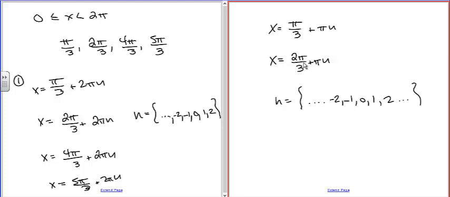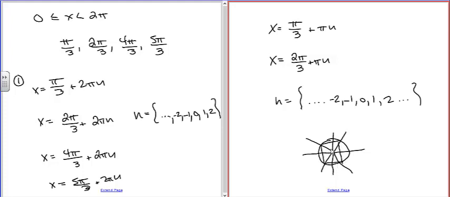Now as far as finding the solution here using the unit circle, it's not quite as easy because normally you don't have tangent on your unit circle. But if you did, what you'd find out is that pi over 3 would be here, 2 pi over 3 would be there, 4 pi over 3 would be there, 5 pi over 3 would be there, and all of these have the same relative size of the x and y coordinates.